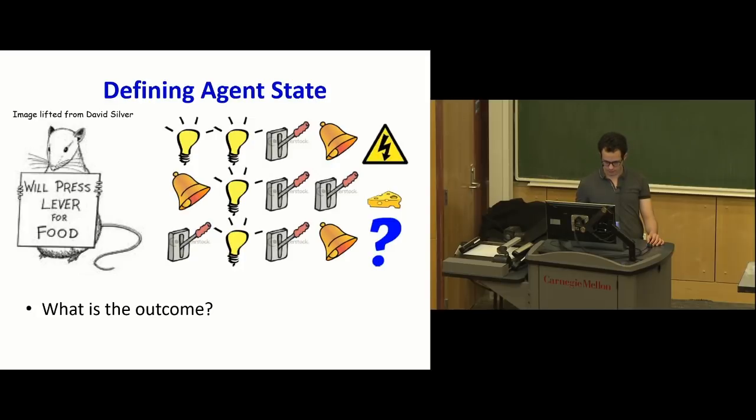In the case of the chessboard, the definition that makes the most sense is the status of the board and who's going to play next, because that pretty much decides what's going to happen afterwards.